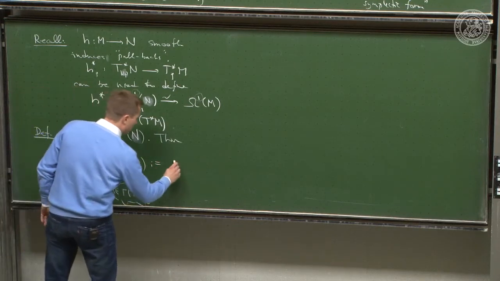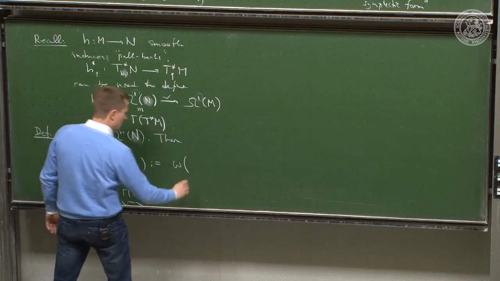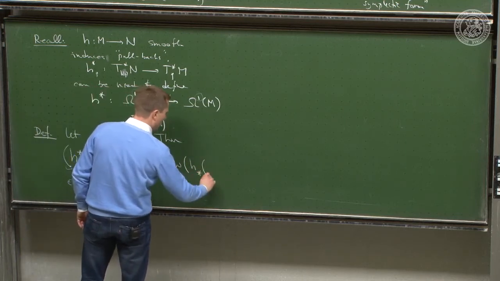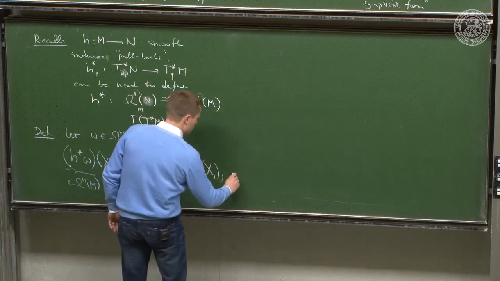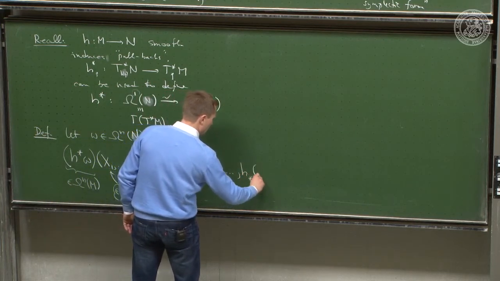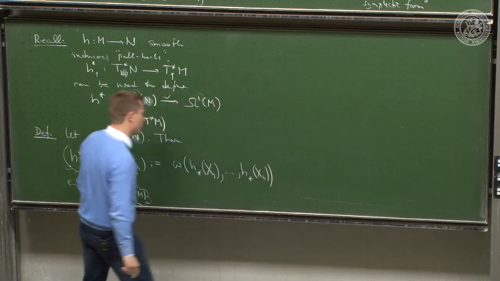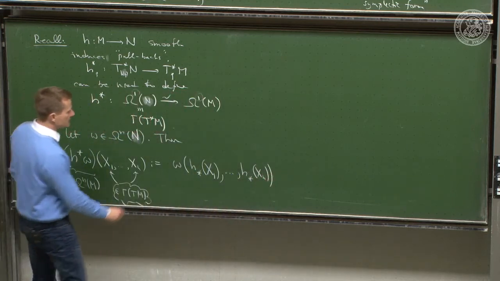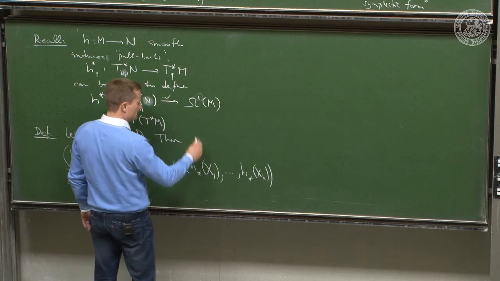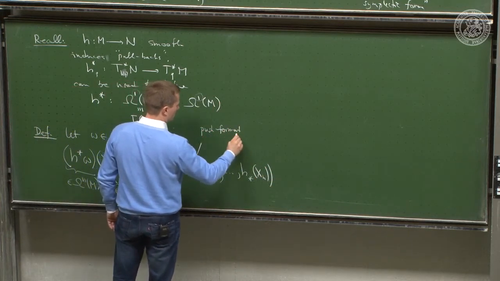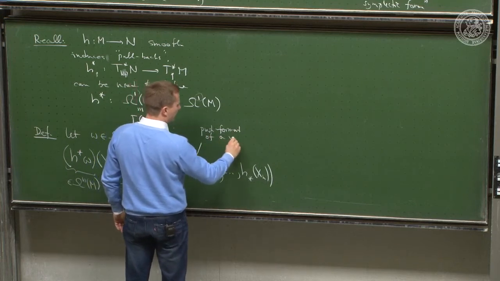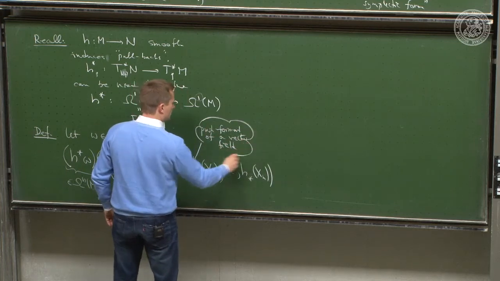Well, we defined the pullback of a one form by using the push forward on its argument. Now there are several arguments, so in every argument we use the push forward of the vector field, as it was previously, the push forward of a vector field, and that's the same construction as we did here.